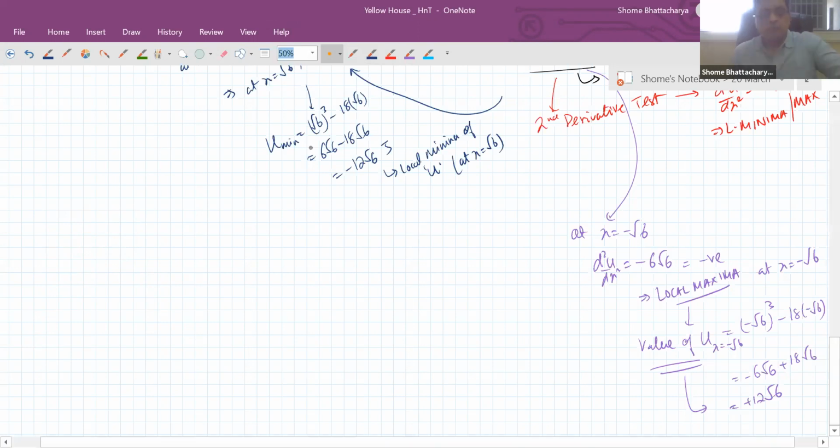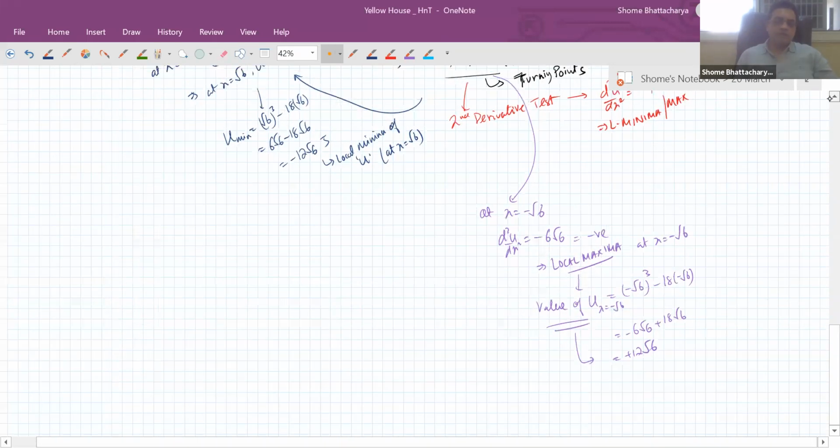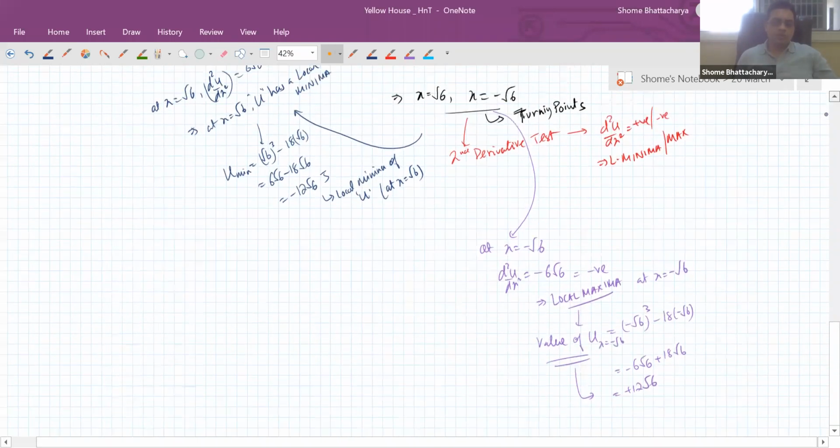Okay, so I'll just take you through this once more. Now we have not only the positions where there is local maxima and minima, but we even have the values of local maxima and minima. So that's going to be important for us.